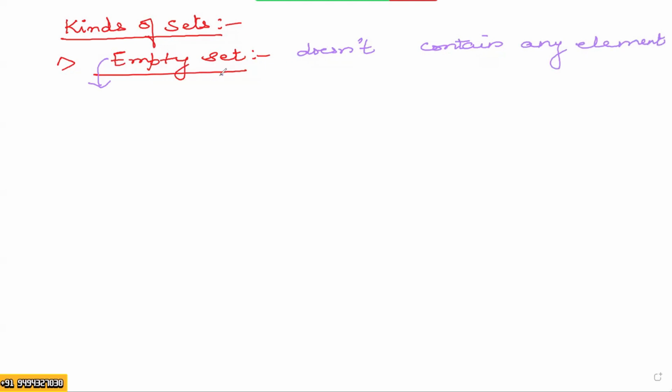And another name for empty set is null set or void set. These are the other two names for empty set.